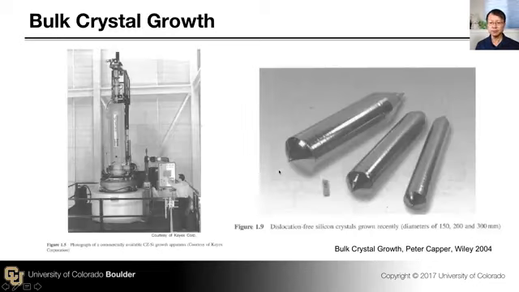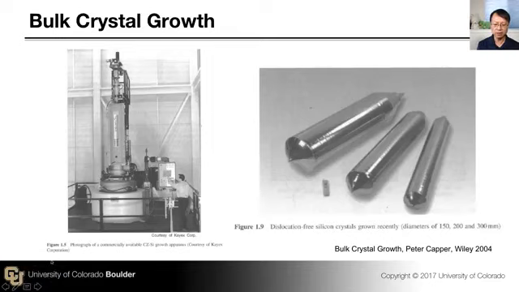So here is a figure of the Czochralski growth tower. There's a person here. It's a pretty big tower, and here on the right is a photograph of an ingot of single crystalline material.